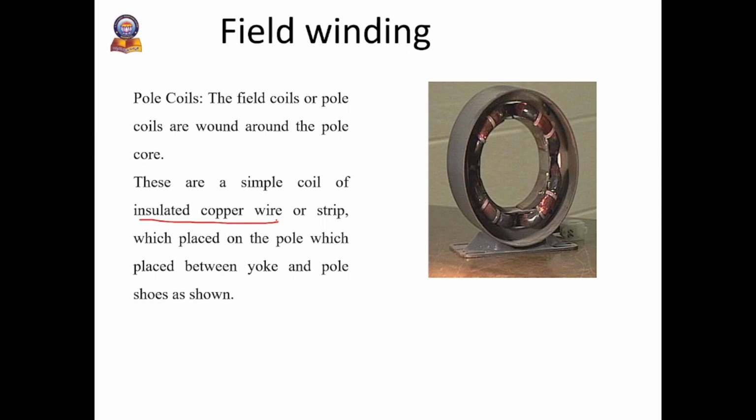In general, aluminum or copper you can prefer. Based upon the requirement, if you observe the first figure itself, the field coils have to be bent around the pole core. Copper has good ductility, so it can be bent easily. That is the reason copper is chosen here.